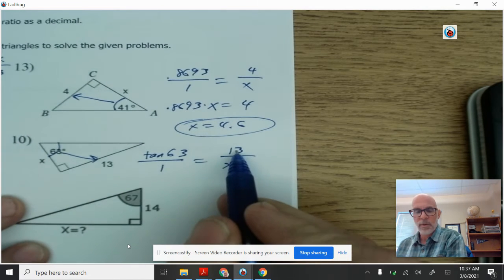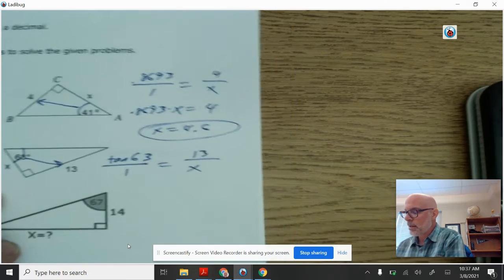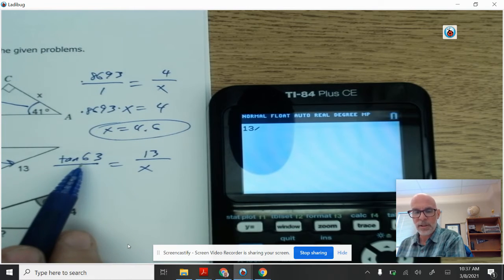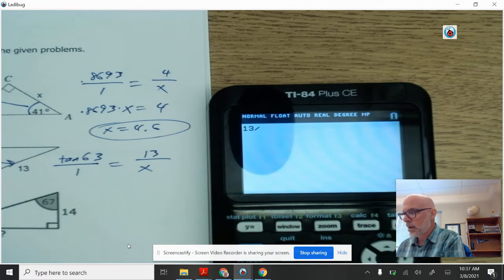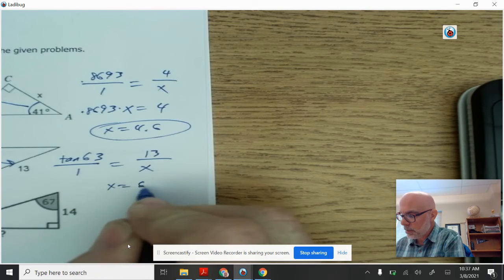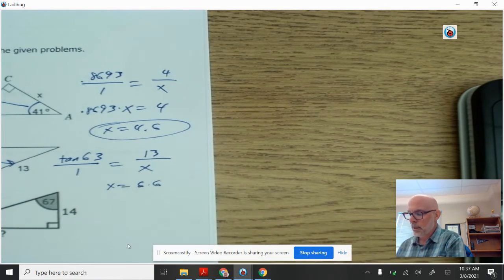When the number's on top, I'm going to end up dividing, so to save yourself some time, it's 13 divided by whatever the tangent of 63 is. I don't even really want to see that. I'm just going to have the calculator do it all at once. You could type it in like that and get your answer: 6.6. X equals 6.6.